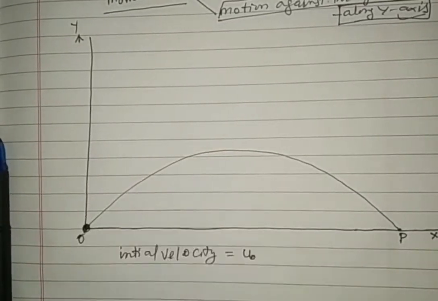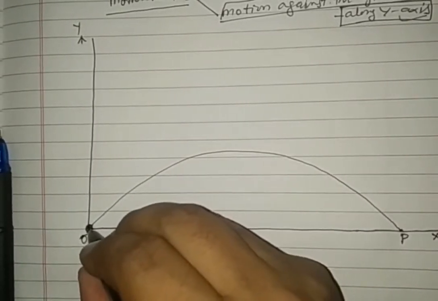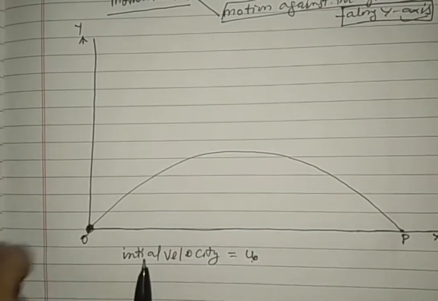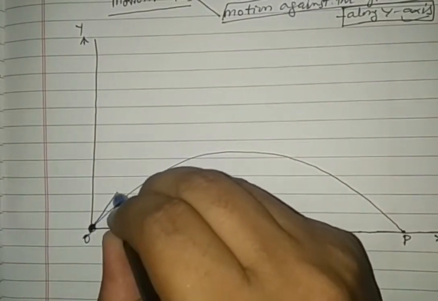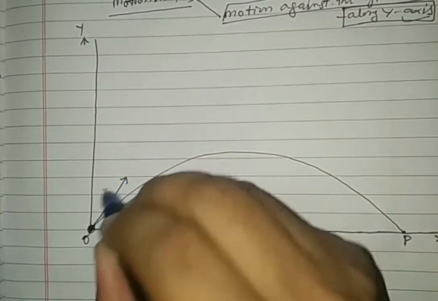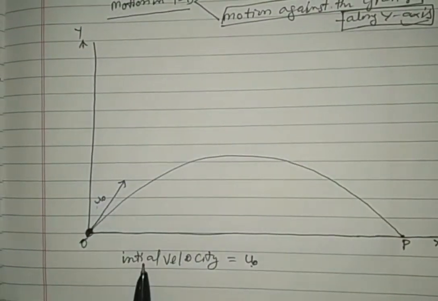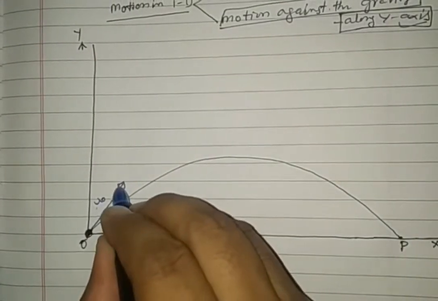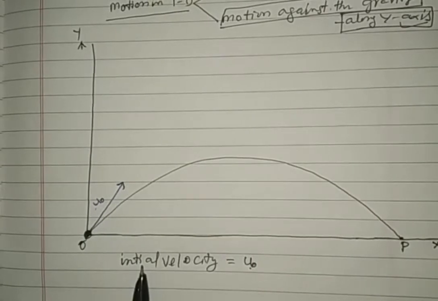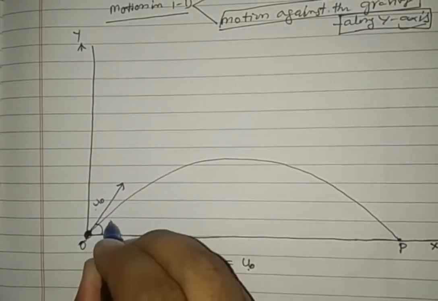Since velocity is a vector quantity, we represent the velocity vector here in the diagram. We are drawing a tangent touching this path. The length of this vector represents the magnitude of velocity, and the arrow denotes direction. See this angle here, theta.